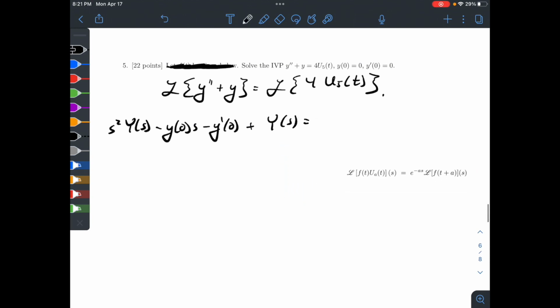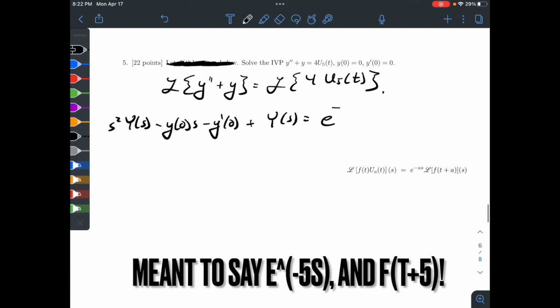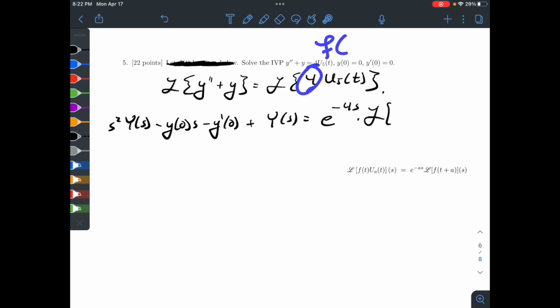So L of 4 times u sub a of t is equal to e to the negative as times L of, and now we take whatever our f of t is, but every time we see a t, we replace it with t plus a, or t plus 4. So our function is just f of t equals 4.